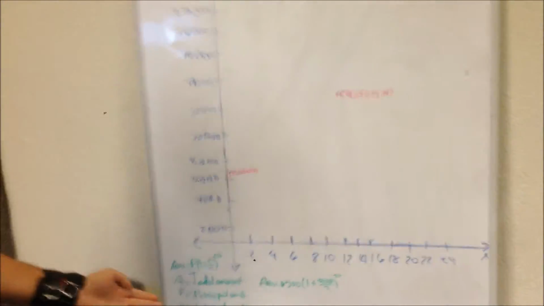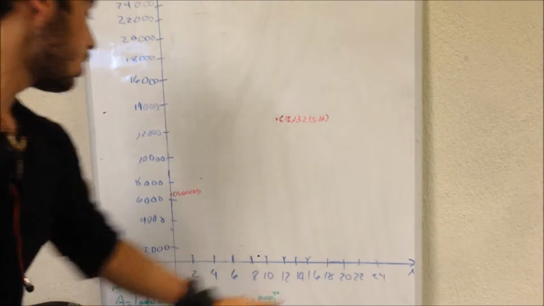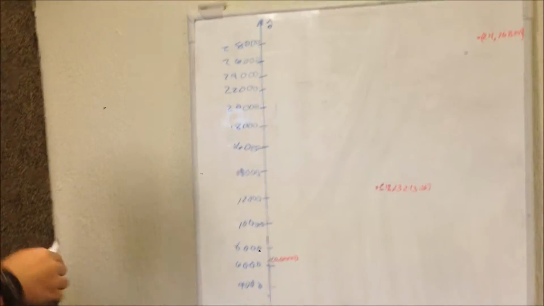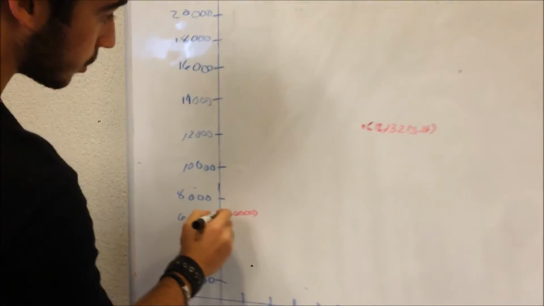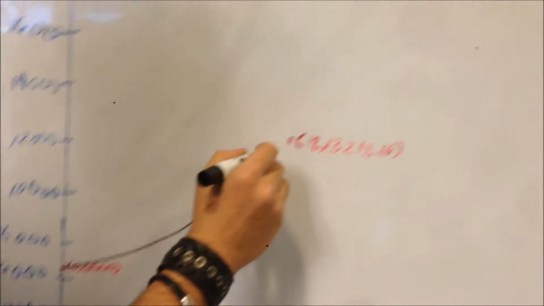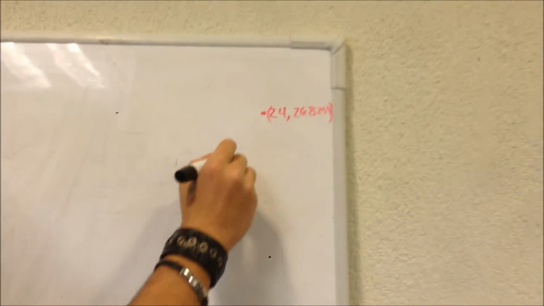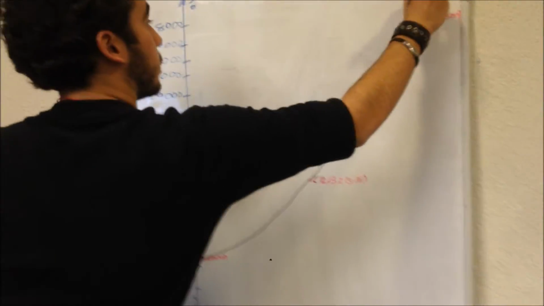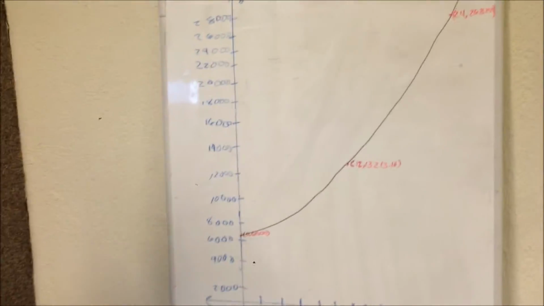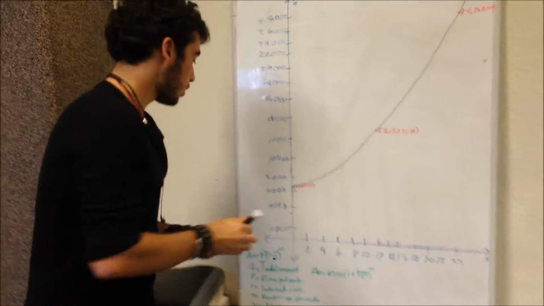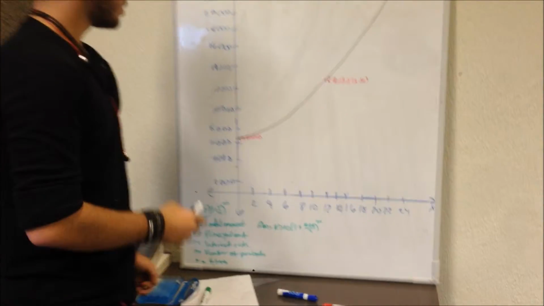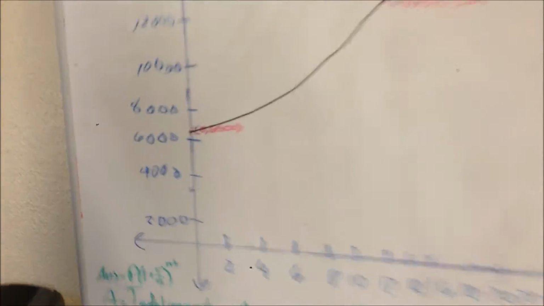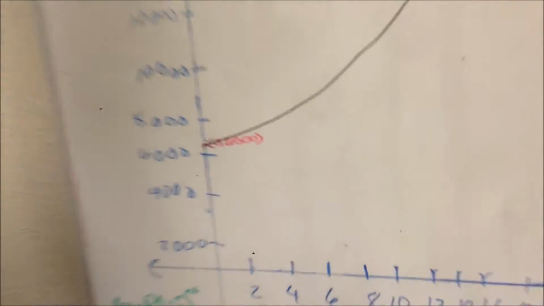In this axis we have our X that will always be monthly. And now if we graph this, it will stay like this. Now we have here our point 0, 6,500.